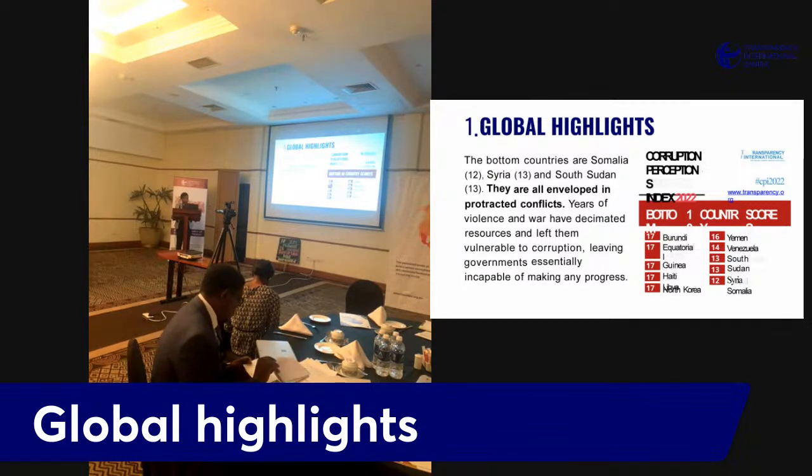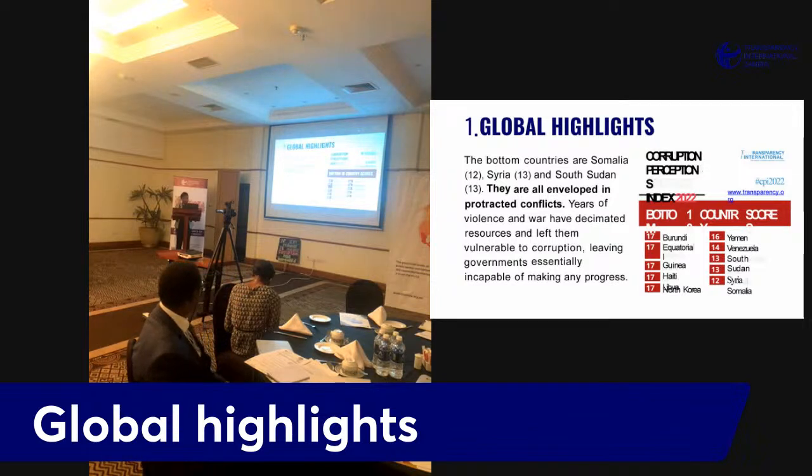Most of the bottom 10 countries are characterized by years of violence, which has decimated resources and left them very vulnerable to corruption, making it very difficult for governments in those countries to make any progress in the fight against corruption.